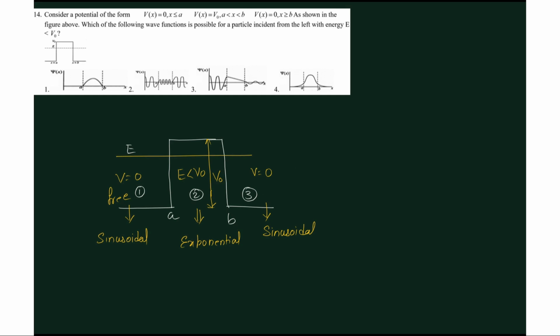So sinusoidal with more amplitude, sinusoidal with less amplitude, and here it indicates some decrease in amplitude because this is the potential barrier. If you observe all these conditions, I think the third option is the correct one, because here it is sinusoidal, here it is sinusoidal, and here it is decaying. Amplitude is more in this region, and less in this region.